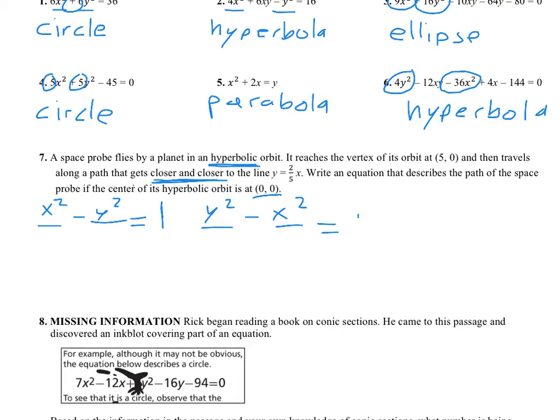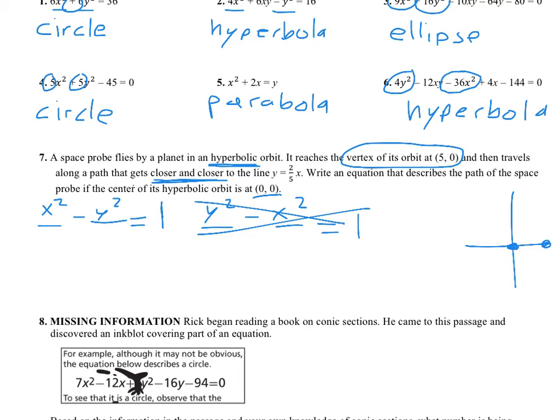Well, the other clue that we're given is there's a vertex at 5, 0. So if you picture the origin, and then there's a vertex here, that means it has to be horizontal, because that's to the right of the center. So we're going to use the first formula that I wrote, and we just have to figure out the denominators.